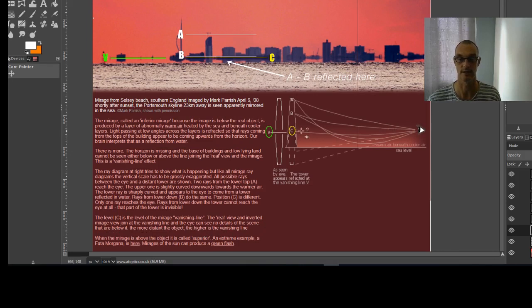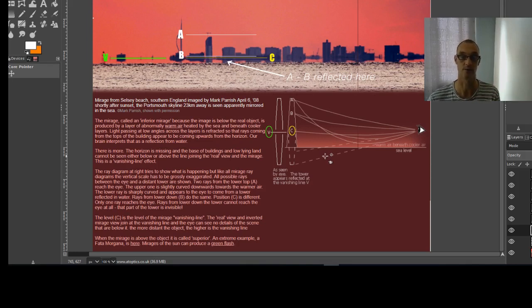So just to reiterate, we can see here that normally, under normal conditions, with no atmospheric refraction, diffraction, what have you, this person would be able to see the base of this tower, just as they would be able to see the base of Bathurst Lighthouse, or the base of the windmill, or the decks of the ship that are still on the horizon.